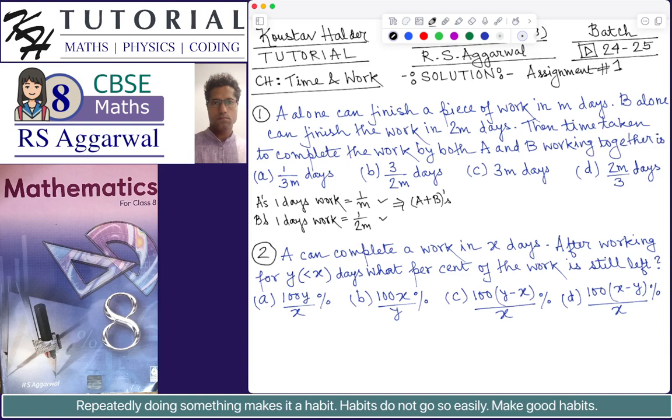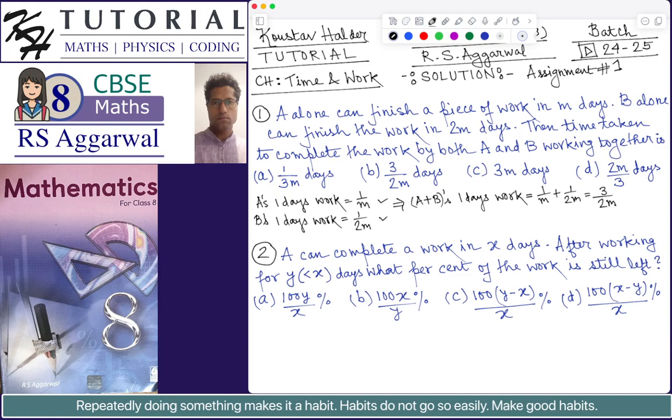A plus B's one day's work will be equal to 1 by m plus 1 by twice m. This is equal to 3 by twice m. So in one day, the amount of work done is 3 by twice m when A and B are working together.